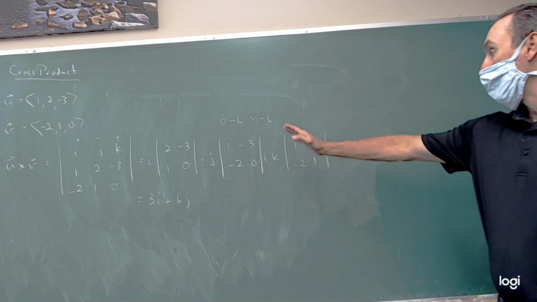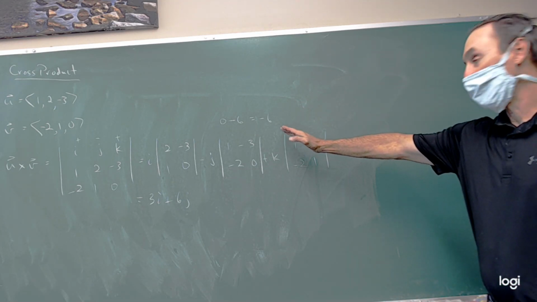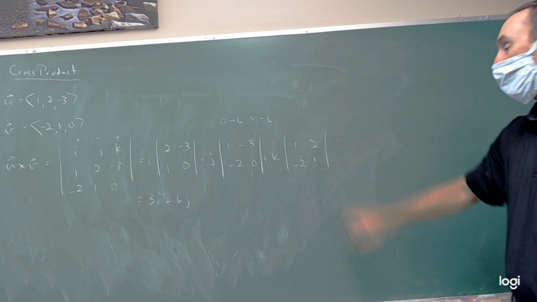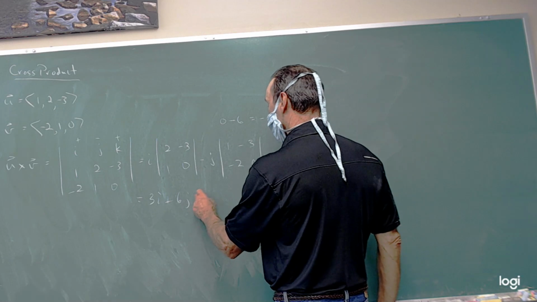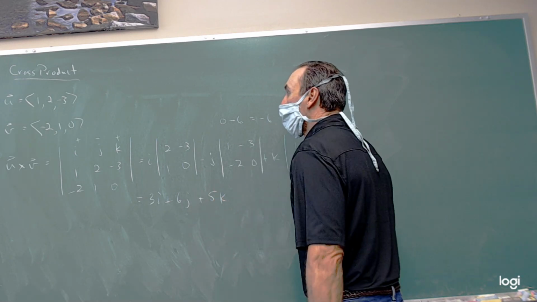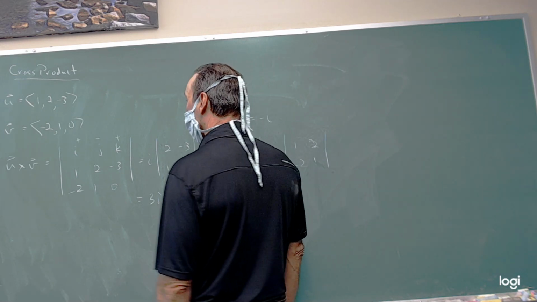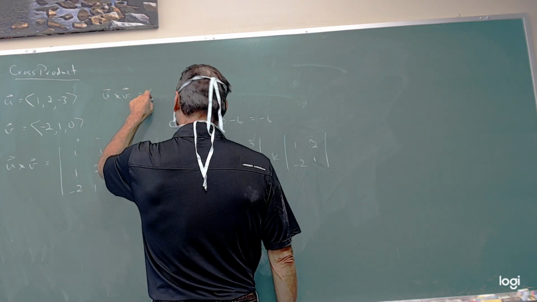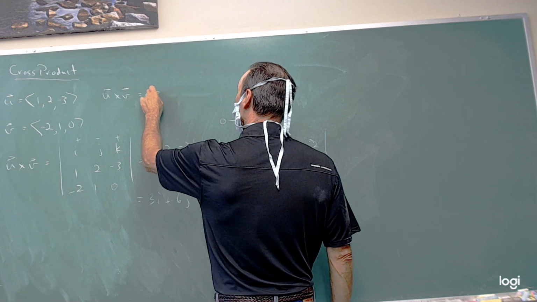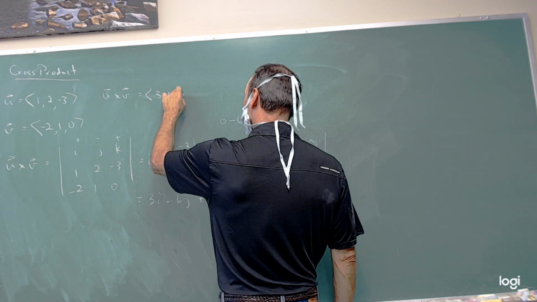I hate negative signs. Yeah, I know, too many negatives. So our u cross v is going to be a new vector, 3, 6, 5.